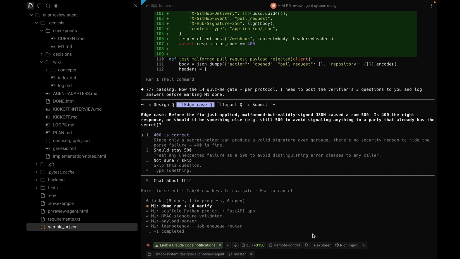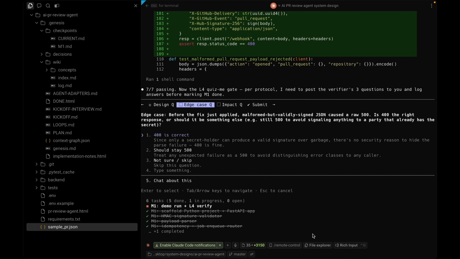400 response is correct. The reason is that once your HMAC signature has been successfully verified, you have already established that the request came from someone who possesses the shared secret, or legitimately from GitHub. So at this point, the request is authenticated. If the authenticated request contains malformed JSON, that's a client error.